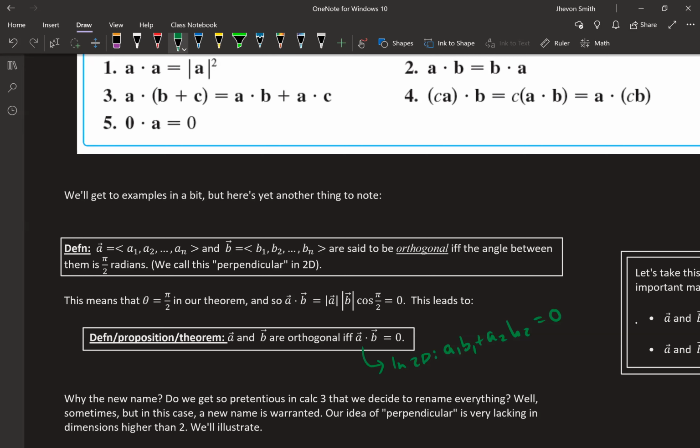Cross product wouldn't work in either case because the vectors in the quiz were 2-dimensional. Cross product only works in 3D. So that was a dead giveaway that it wasn't the cross product, right? Because it was only A1 comma A2. Yeah, cross product only works in 3D. We'll talk about that tomorrow, right? So here, the dot product being 0 is a much more generalized way to talk about something being orthogonal.